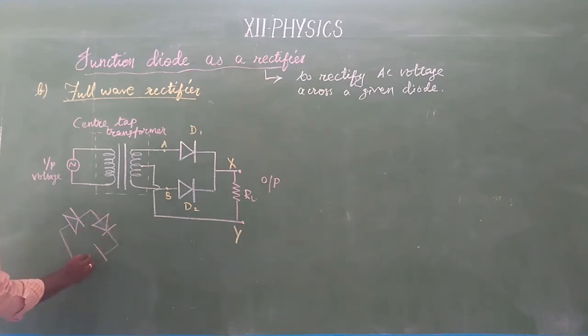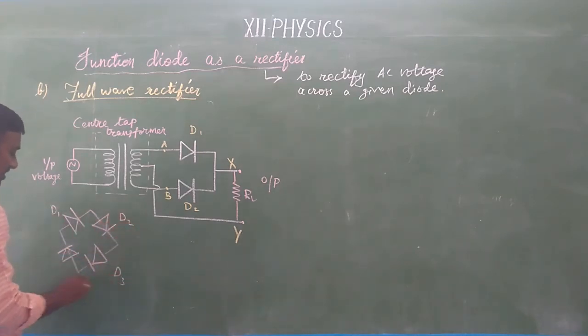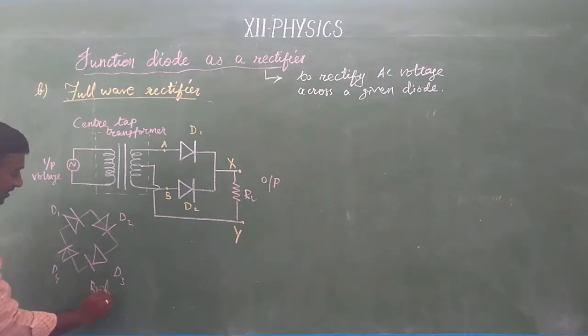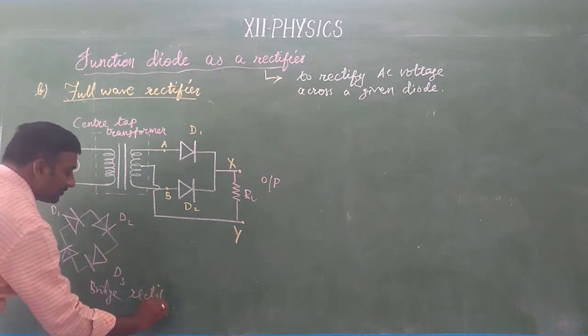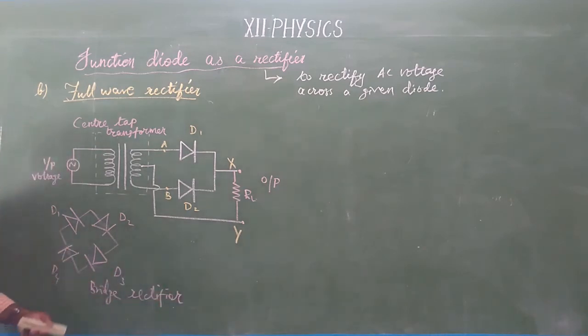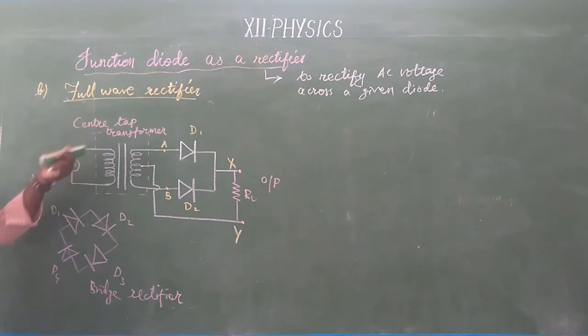Further, we must use 4 diodes. So diode D1, diode D2, diode D3, and diode D4. So this is called a bridge rectifier, used particularly for a full wave rectifier.